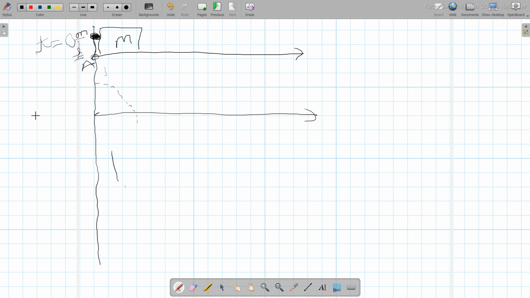So at any intermediate time t equal to t1, it came into that position.